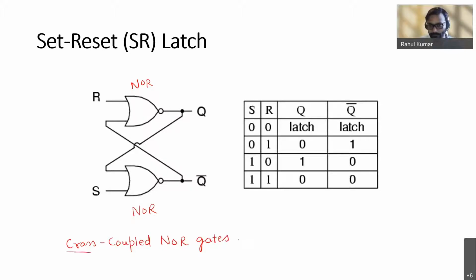Cross coupled means the output of one gate is connected to the input of the other gate, and the output of that gate is connected back to the input of the first. So they are cross connected, or cross coupled NOR gates.